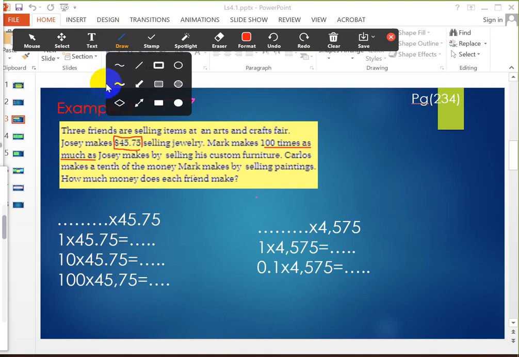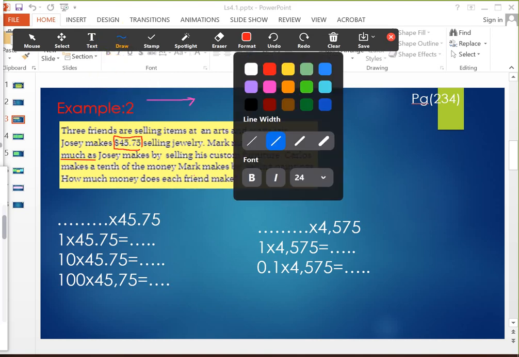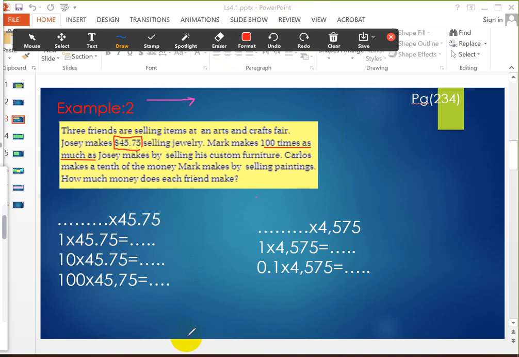So let's find the amount of money that Mark makes. You have to multiply 45.75 by 100 because Mark makes 100 times as much as.